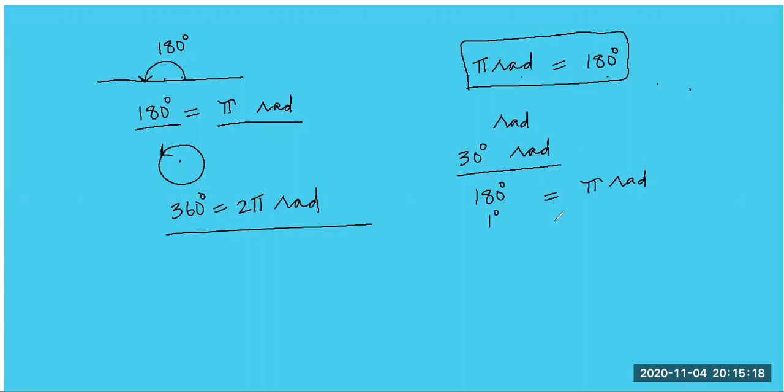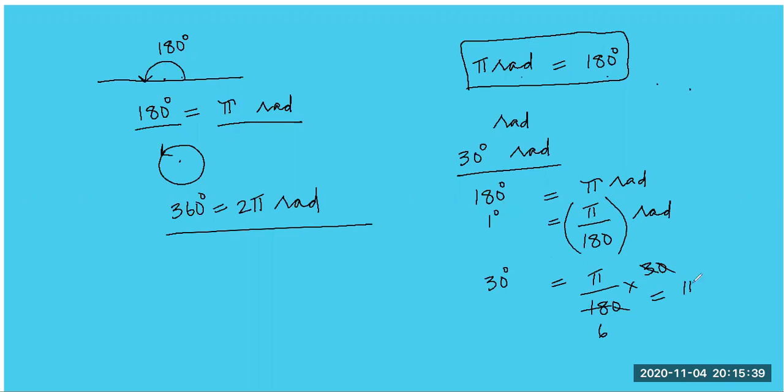So 1 degree will be equal to pi divided by 180 radians. So 30 degrees will be equal to pi divided by 180 into 30. So 3, 6, 18, it would be pi by 6 radians.